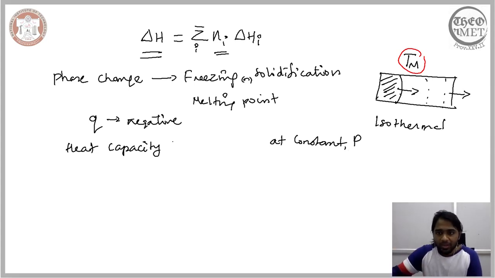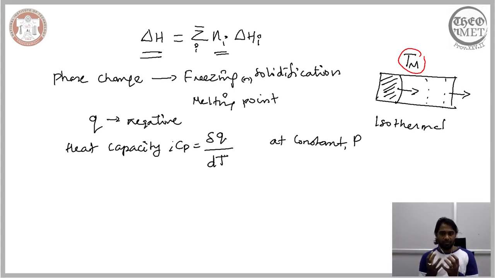In that case, when your system is operating at constant pressure, the heat capacity, that is Cp, the generalized expression for the heat capacity, is the heat transfer with respect to the temperature change.